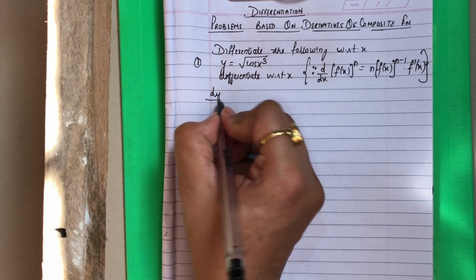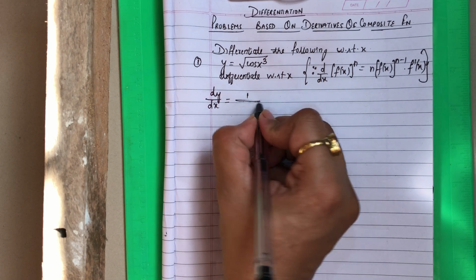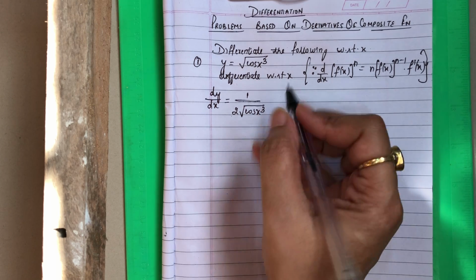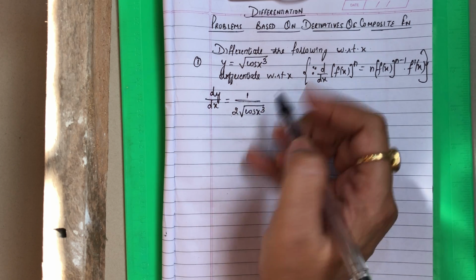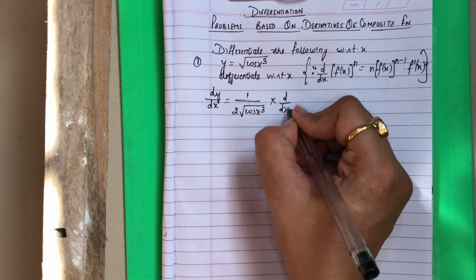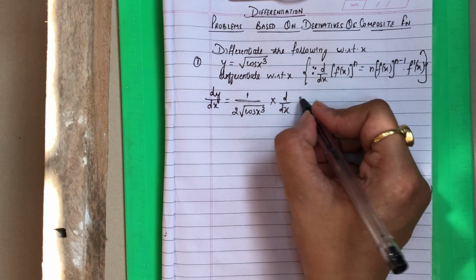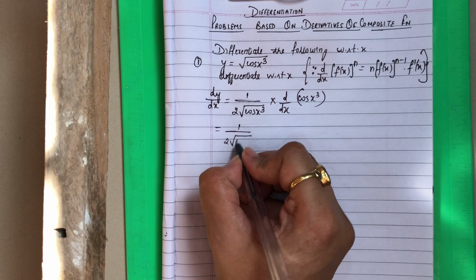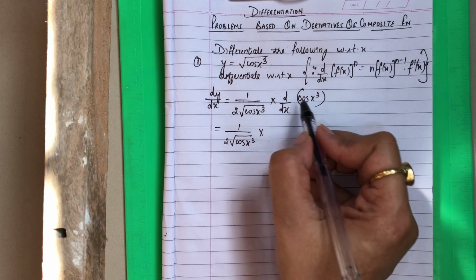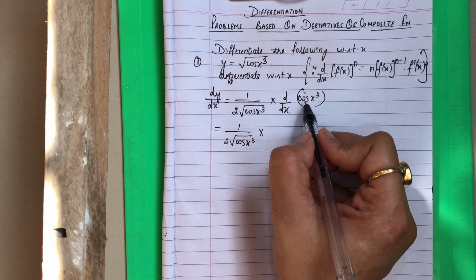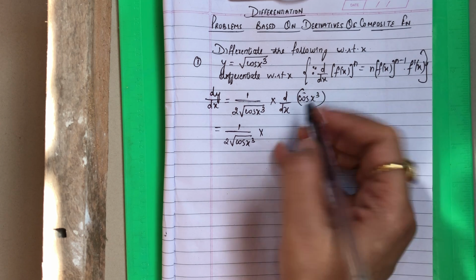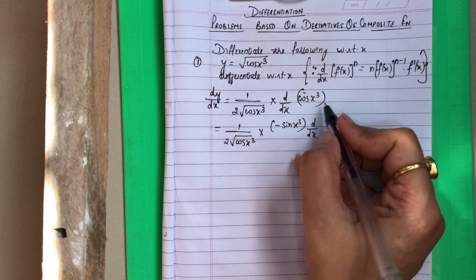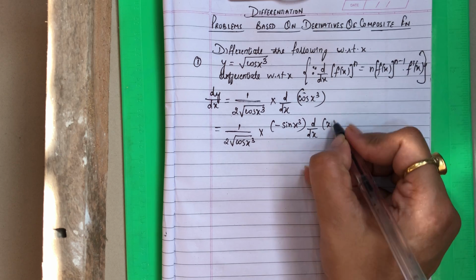So this will give you dy by dx is equal to 1 upon 2 root cos x cube. The differentiation of root is this. Now into d by dx of f(x). The function is cos x cube. So again 1 upon 2 root cos x cube into differentiation of cos is minus sine x cube into d by dx of function, here it is x cube.